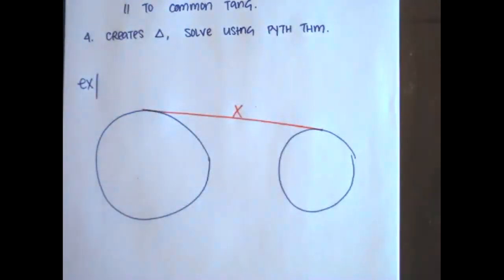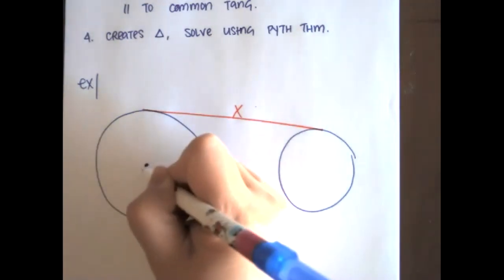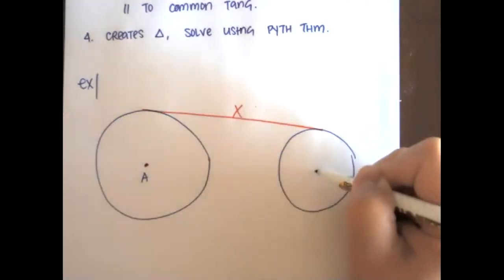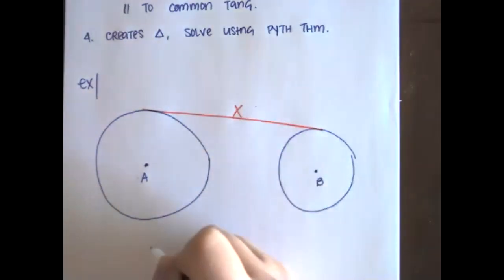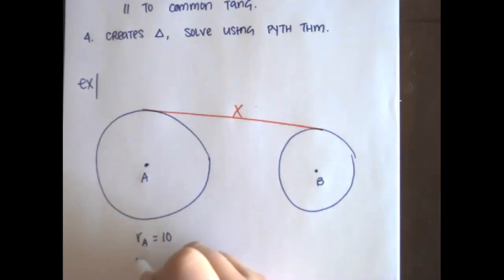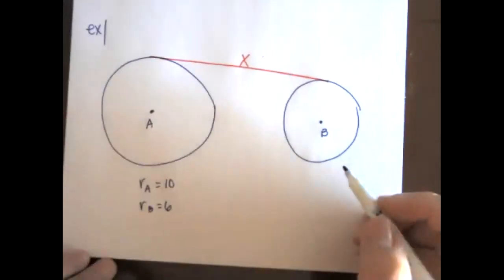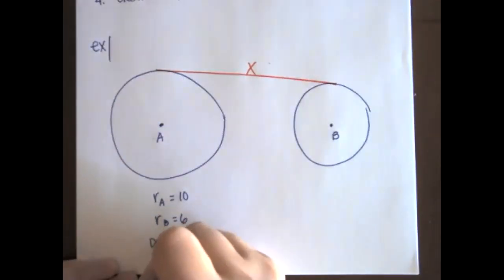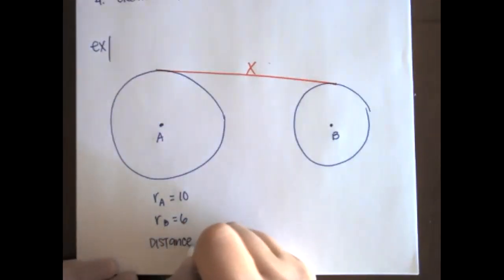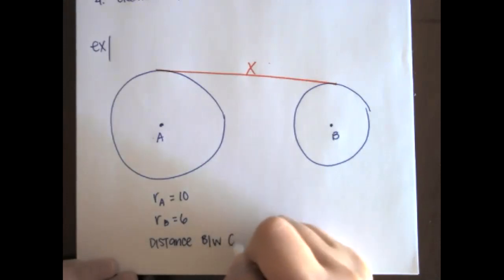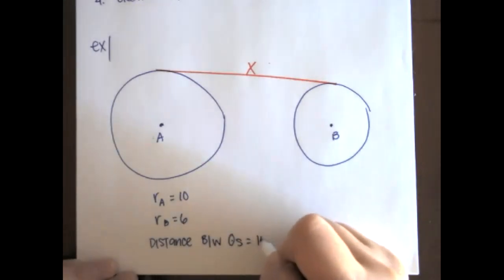This is x. So I'm going to tell you the radius. This is circle A, this is circle B. So the radius of A is 10. The radius of B equals 6. And the distance between the circles is 15.